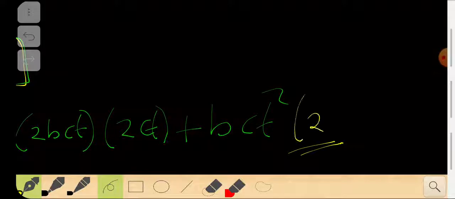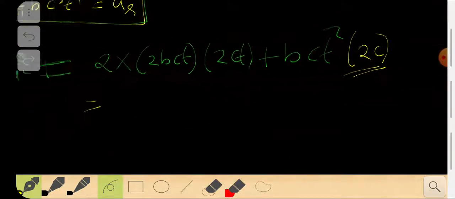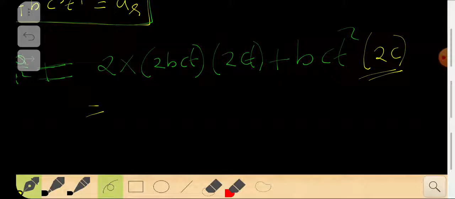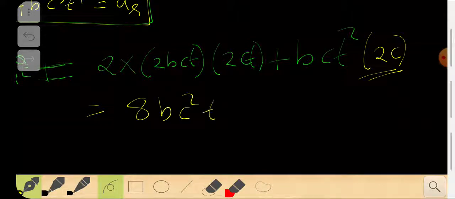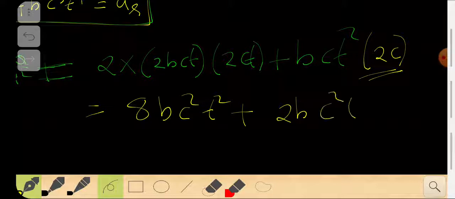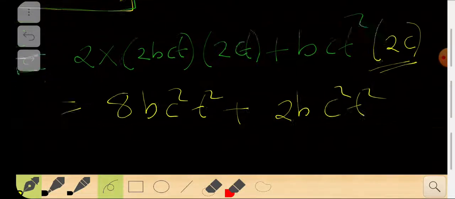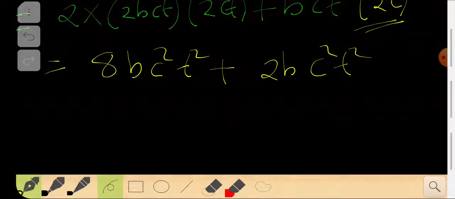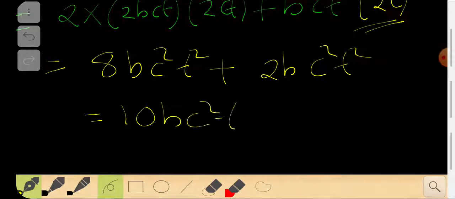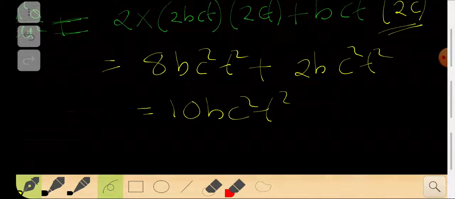So it's just 2c times bct². Okay, so we got all that. I think it's right. Yes, it is right. So what you get is 8bc²t² plus 2bc²t². So it's 10bc²t², and that is equal to a theta.